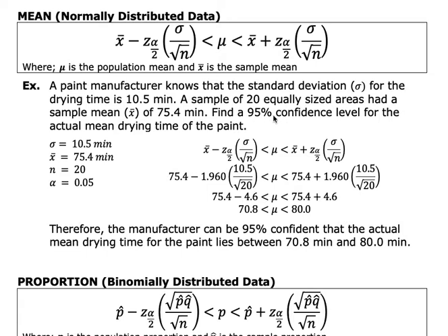It's the complement. So we substitute into our formula, and this tells us that 95% of the time our population will be between, or we can be 95% confident that the population mean is between these two values based on our sample observations.